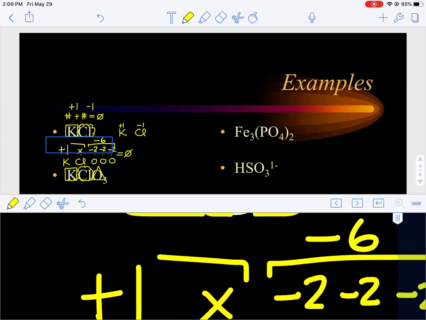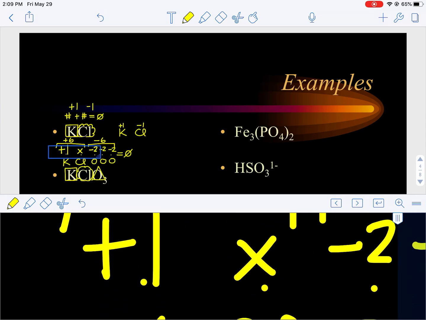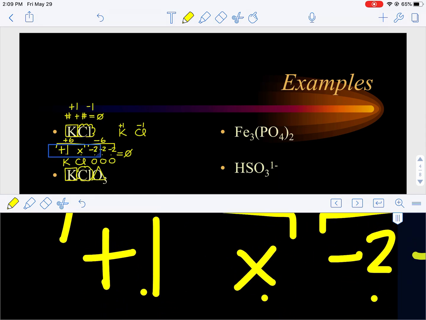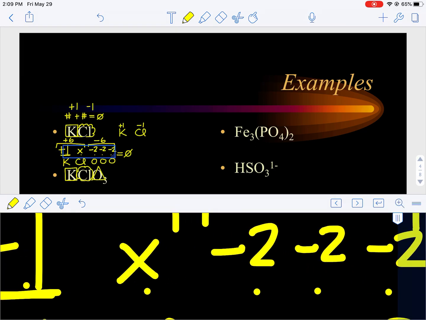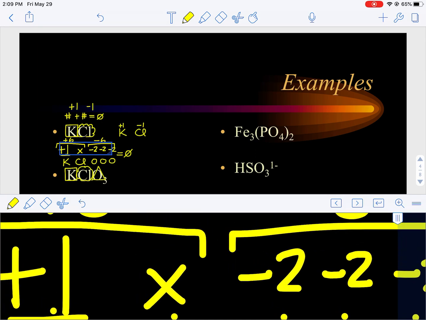So that means the potassium and the chlorine must somehow contribute towards a +6 to cancel out the -6 from the oxygen. Well, potassium is accounting for +1 of the +6. What must the chlorine account for? Yep, you've got it. Chlorine is going to be +5.